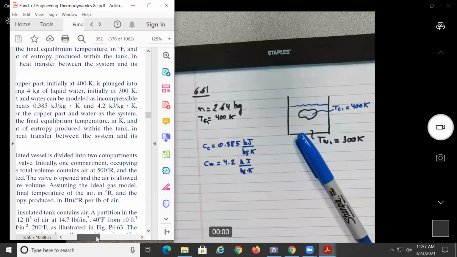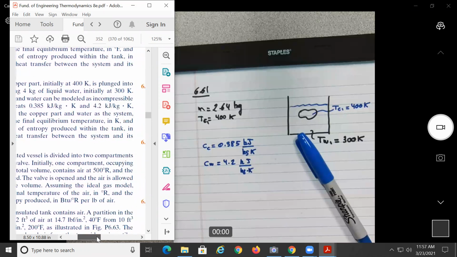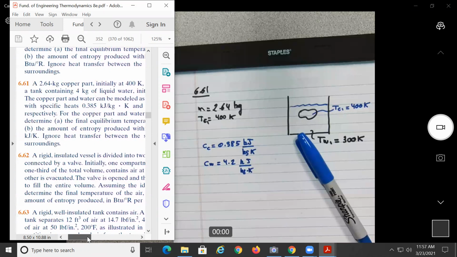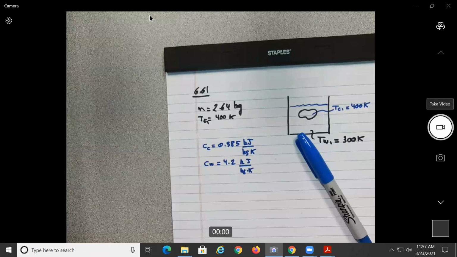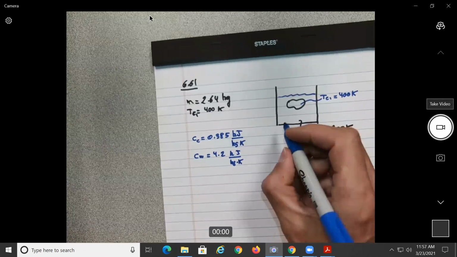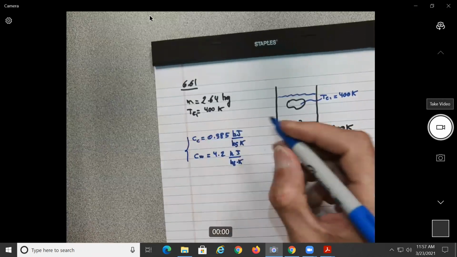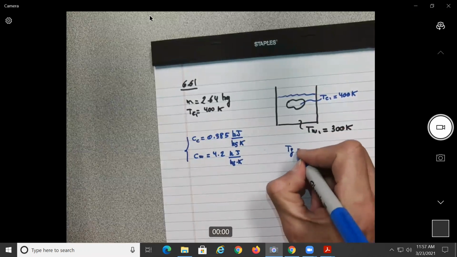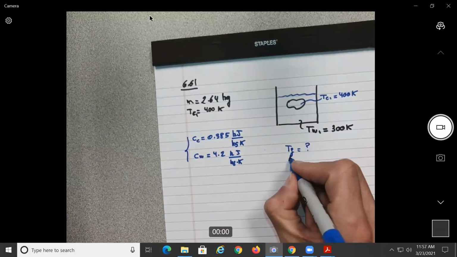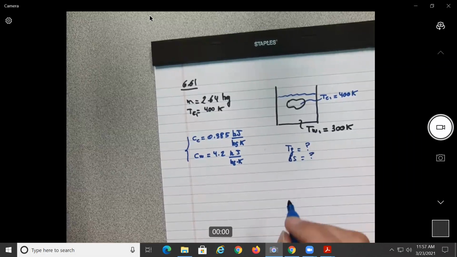Ignore heat transfer between the system and the surroundings. Okay, so we need to find T final or T average and change in entropy.